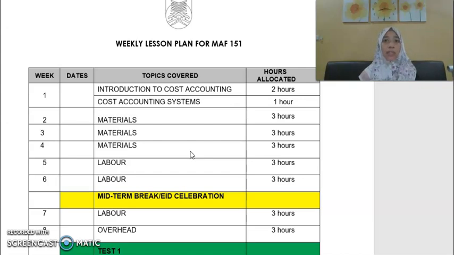So basically at diploma level, you will have 3 MAF. That is MAF 151, then you have your MAF 201, and then you have your MAF 251. For your MAF 151, that is your introduction to cost accounting. So basically, what is cost accounting, right?